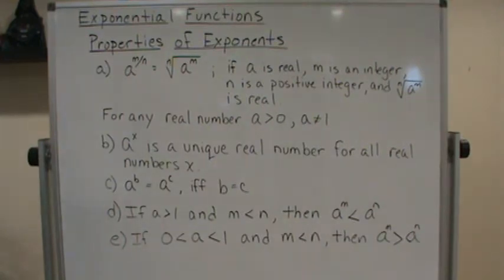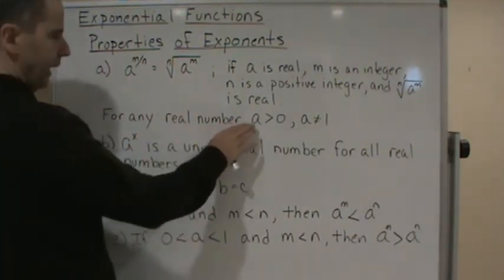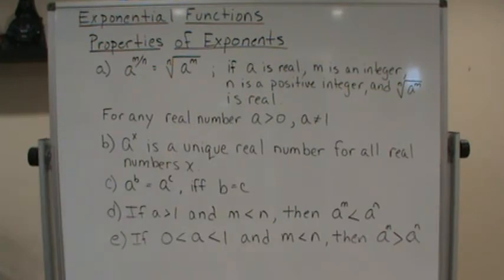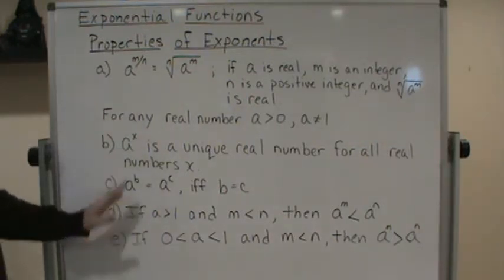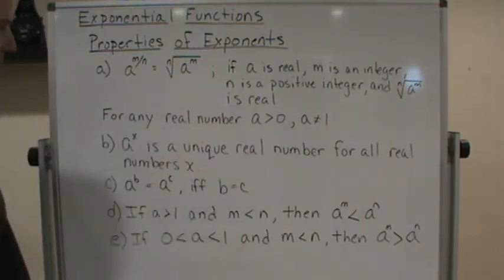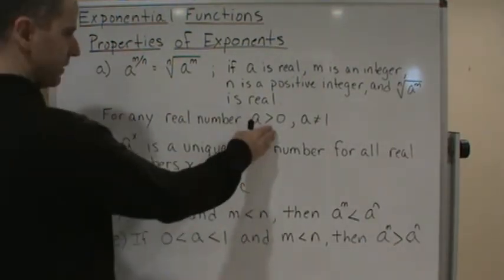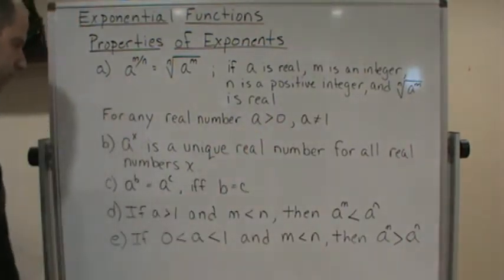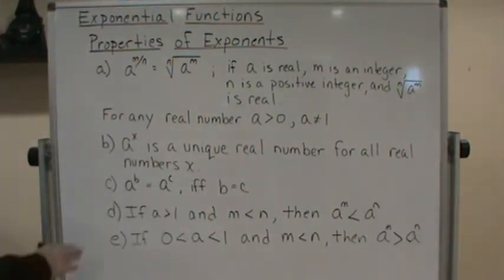Now also, for any real number a greater than 0 and a not equal to 1, the following also holds. All of these will hold as long as we have a real number a that's positive and not equal to 1. So what does b say?